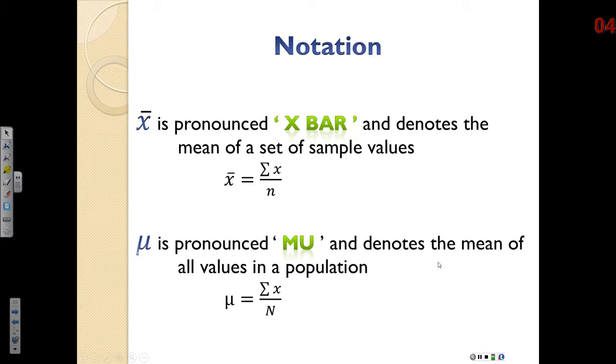It's basically your cursive u, but with its tail in the front. So you have your sample mean and population mean. Again, do not memorize mu as just your mean. No. Mu specifically is the population mean, as opposed to the sample mean.